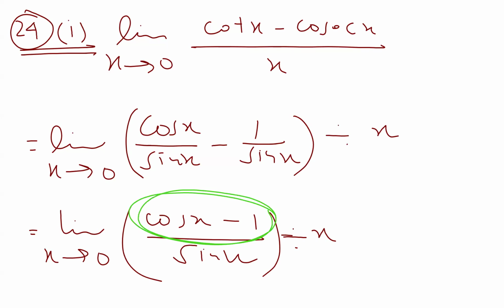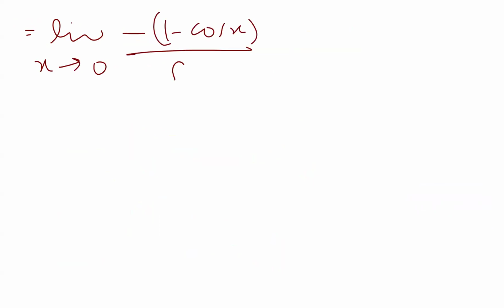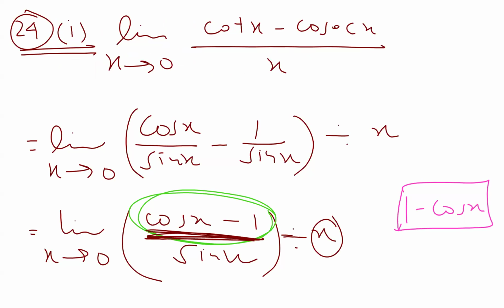The purpose of reversing this is I'll get 1 minus cos x and then I can apply the formula of 1 minus cos 2x. So to reverse this, I'll just take the minus sign outside. Limit x approaching 0, minus sign outside, 1 minus cos x upon sin x into 1 upon x. This x went down.